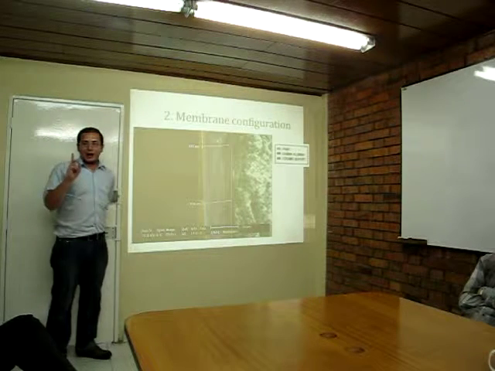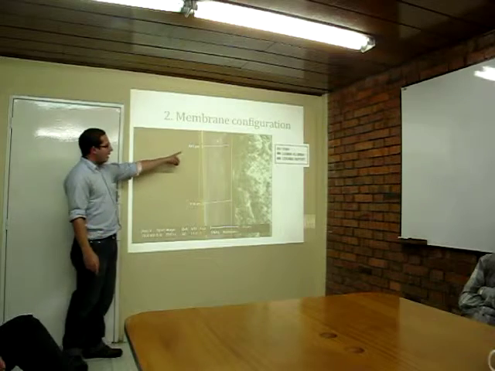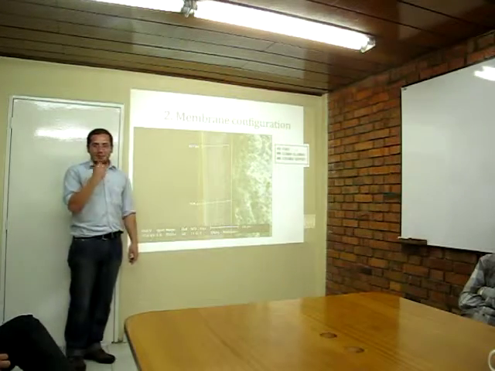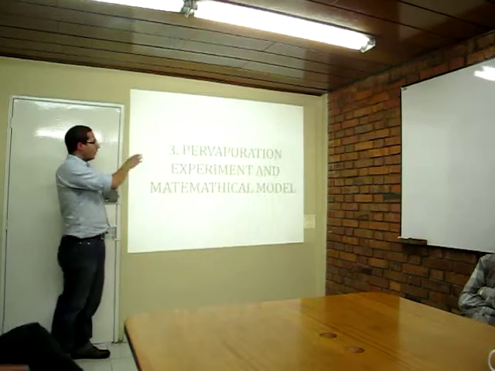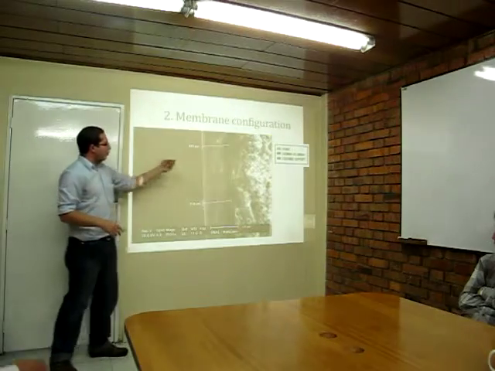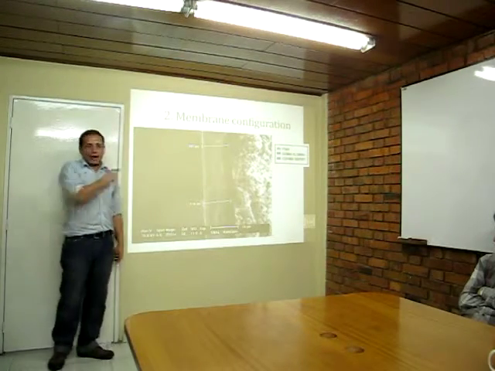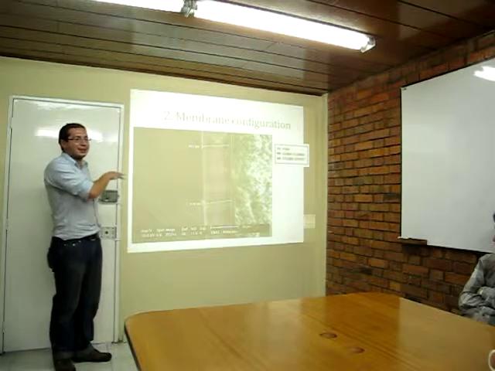And we have a problem. I put a yellow color to show you where the membrane is, because when you need to see the PDMS membrane, if you take off this color, you cannot see the polymer.